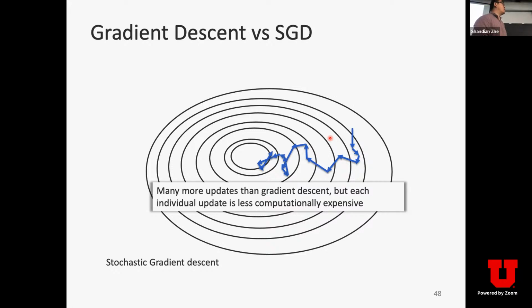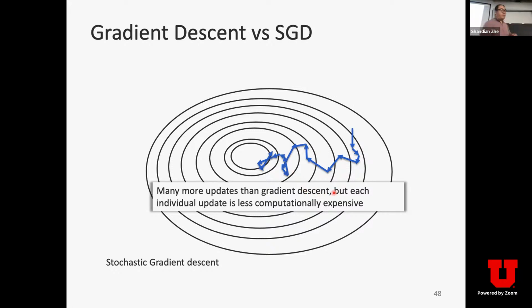That's the behavior of stochastic gradient descent. Because you're doing random updates, choosing random directions to update the model, if you want to arrive at the same function optimum, you will take many more updates than gradient descent.